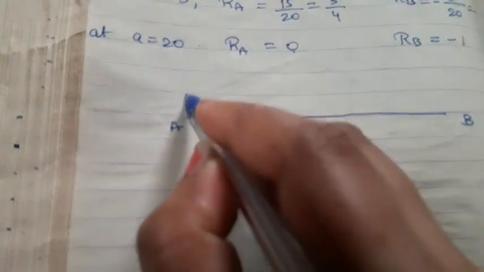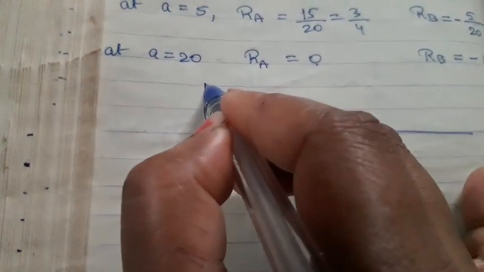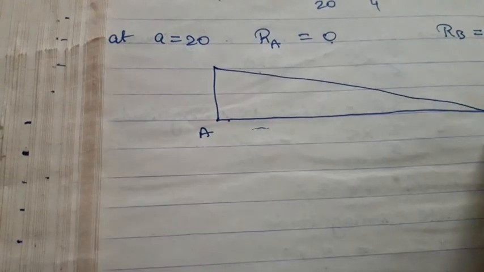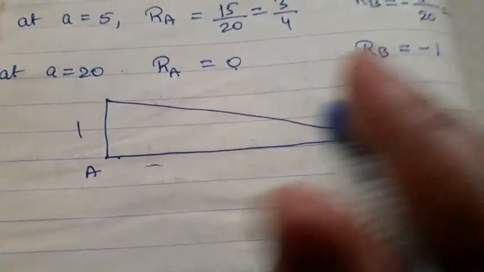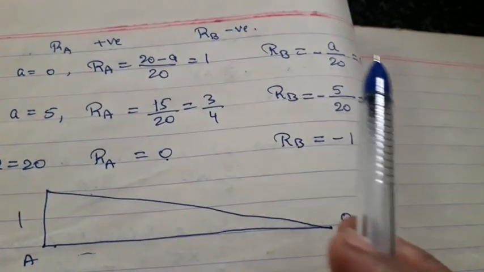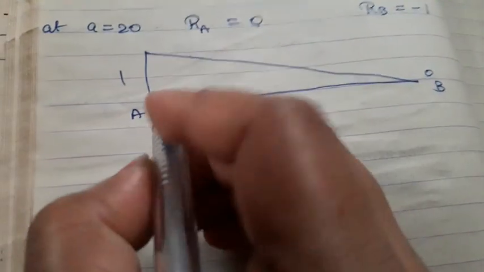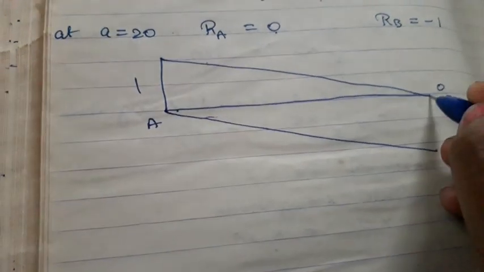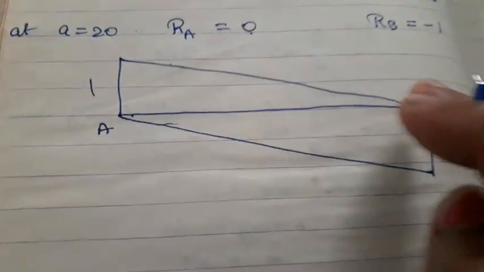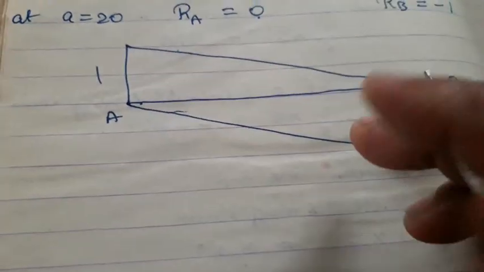So this is 1, this is 0. This is for RA. And for RB, 0, minus 1 by 4 and minus 1. So you will have it like this. Here no need to write minus because it's understood. This is positive and this is negative.